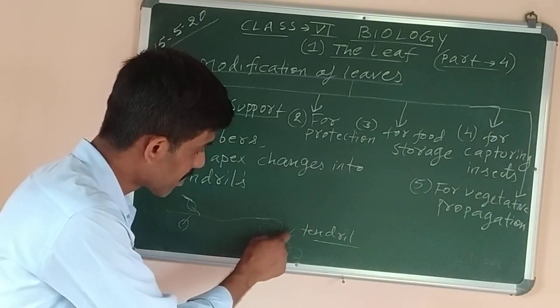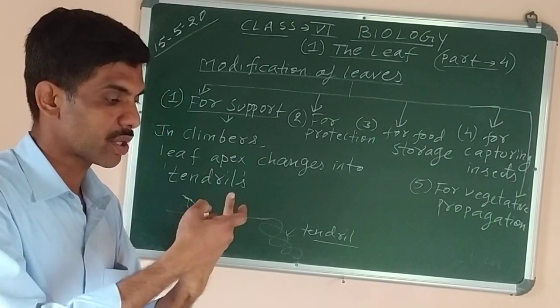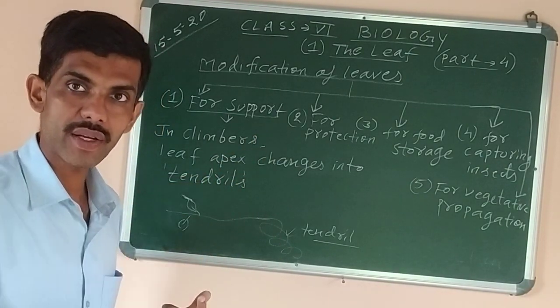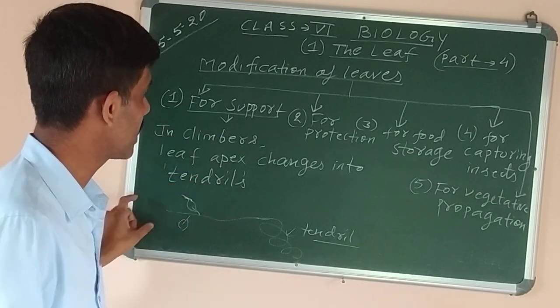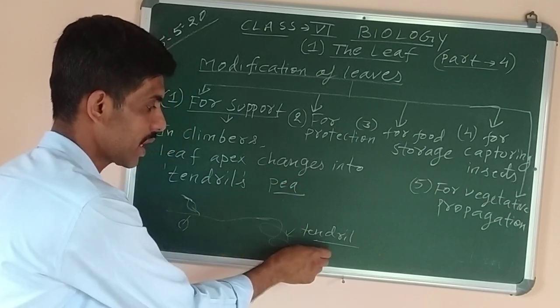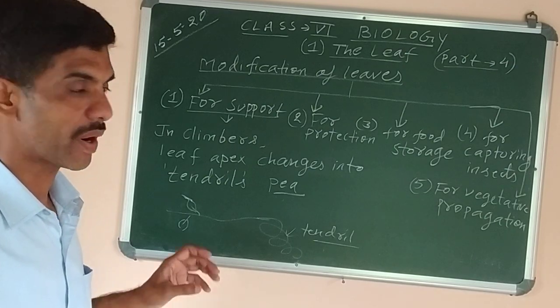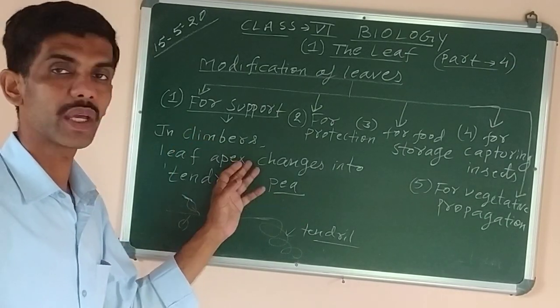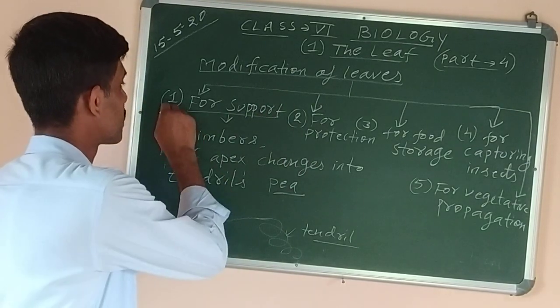As you can see, I have rotated like this, coil-like, and this coil can take the support of some plant and grow on them. Understood? Where is tendril found? Tendril is found in the pea plant. It is meant for giving support to the plant so that it can grow. Understood? Now this one is complete.